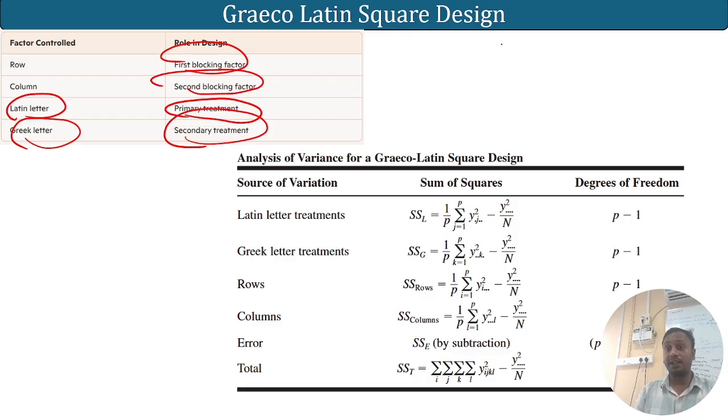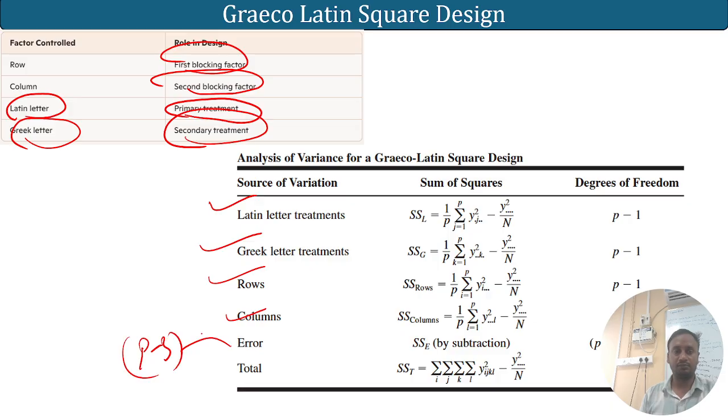So what will be the degrees of freedom? For row p minus 1, column p minus 1, Latin p minus 1, Greek p minus 1, but error will be p minus 3 times p minus 1. Nothing else will change.